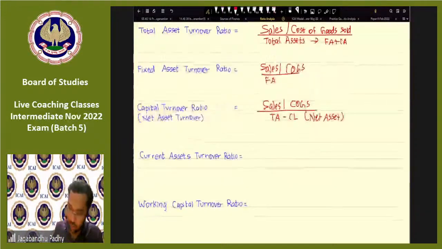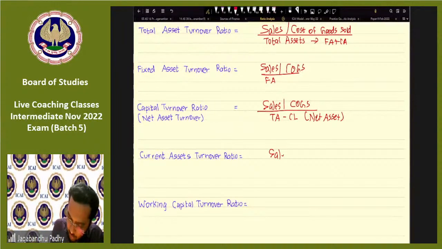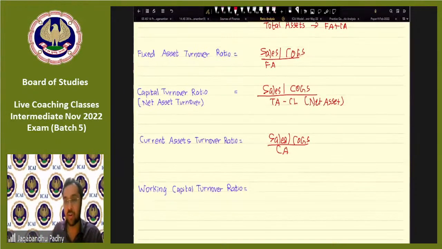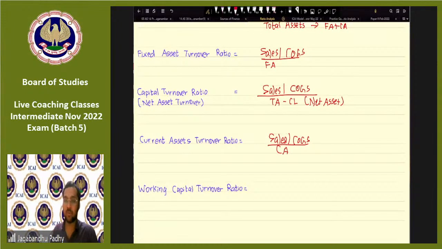Current assets turnover, on similar lines, indicates how efficiently I'm utilizing my current assets. So it will be sales or COGS divided by the current assets. When I want to say working capital turnover, how efficiently I'm utilizing my working capital, that will be sales or COGS upon working capital. And we know working capital is current assets minus current liabilities.